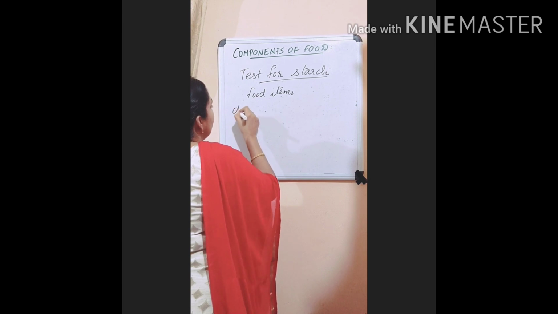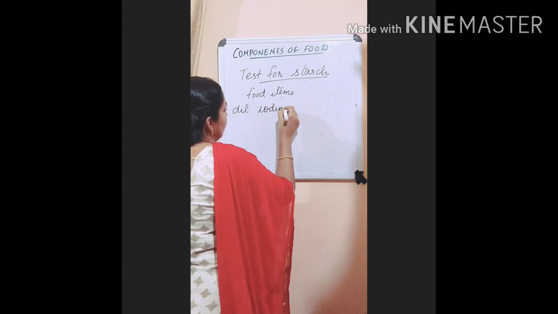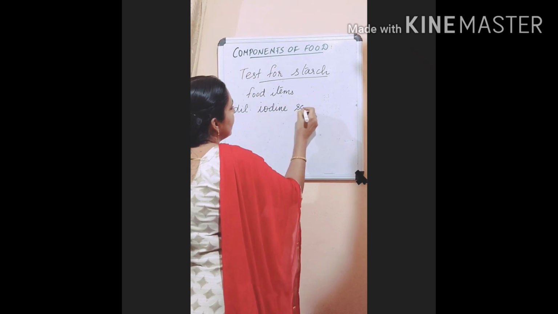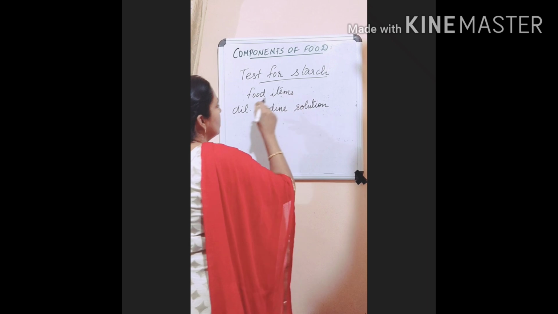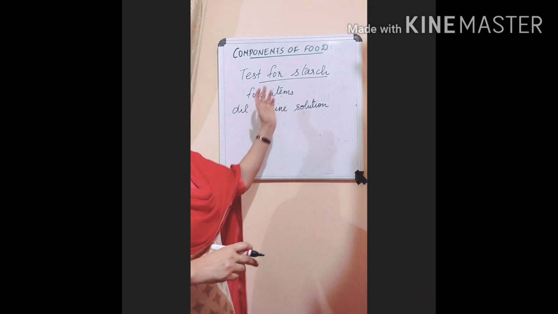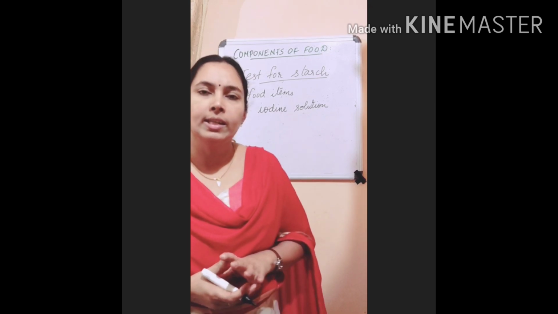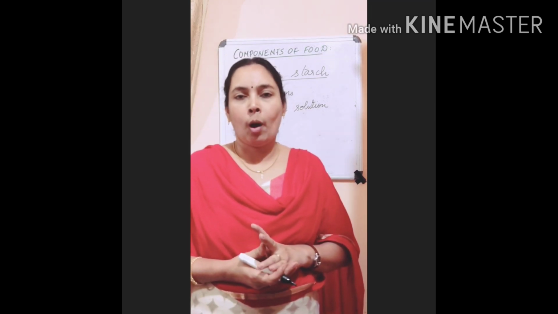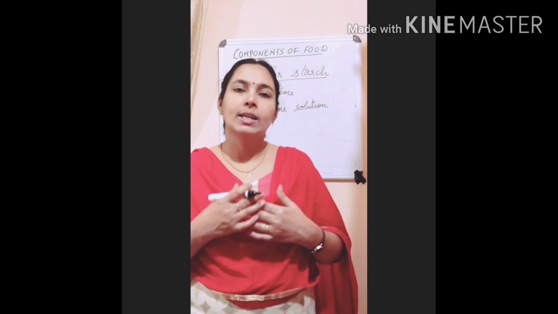Then we need some dilute iodine solution. Some dilute iodine solution is needed for our test. And this dilute iodine solution is light orange brown in color. So now we can look at what is the test.